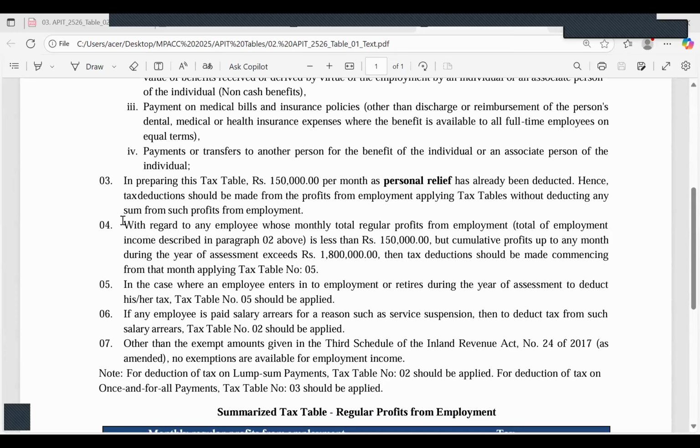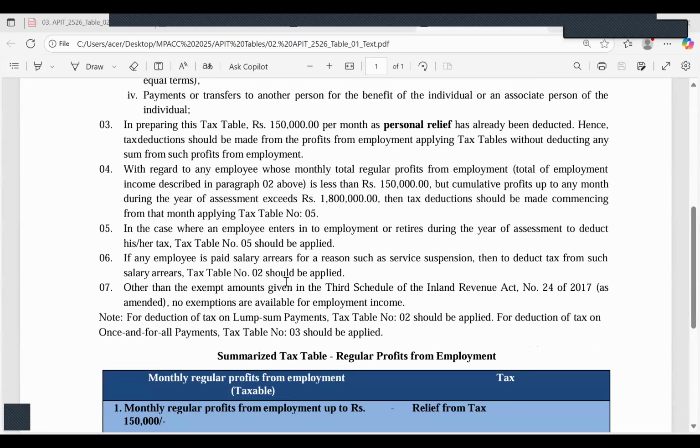At that time, we cannot use table 1. Sometimes we are receiving our salary not in each and every month, but after aggregating the total amount, we are receiving salary arrears, some bonuses like that. At that time, we cannot use table 1. Then we have to go to table 2.